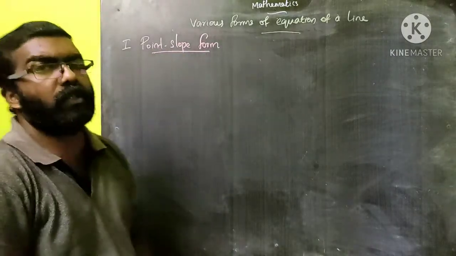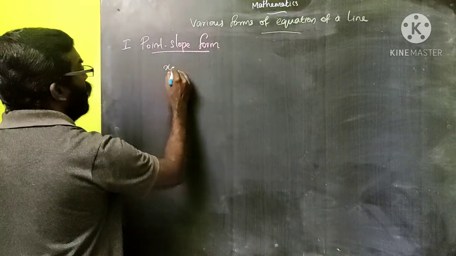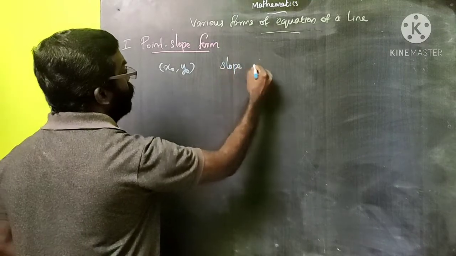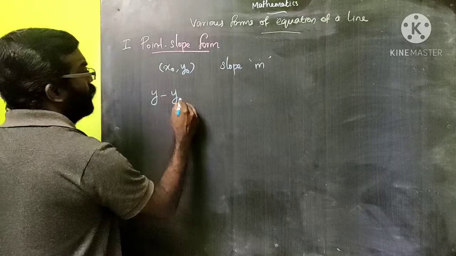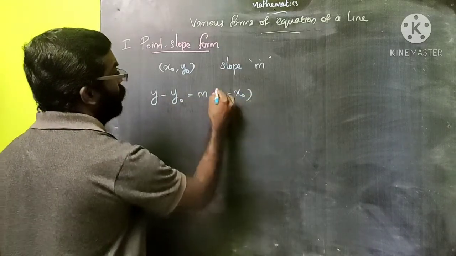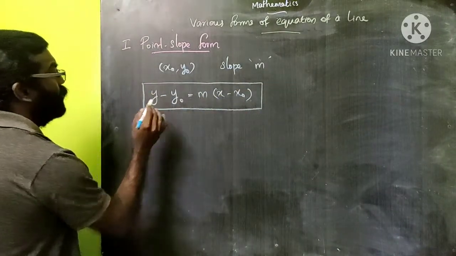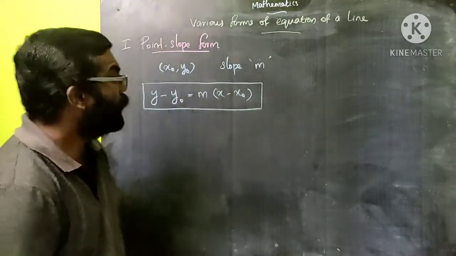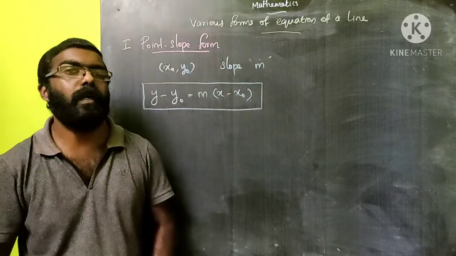That means equation of a line passing through a point x0, y0 with slope m is given by y minus y0 is equal to m into x minus x0. I repeat, equation of a line passing through a point with slope m is given by y minus y0 is equal to m into x minus x0.